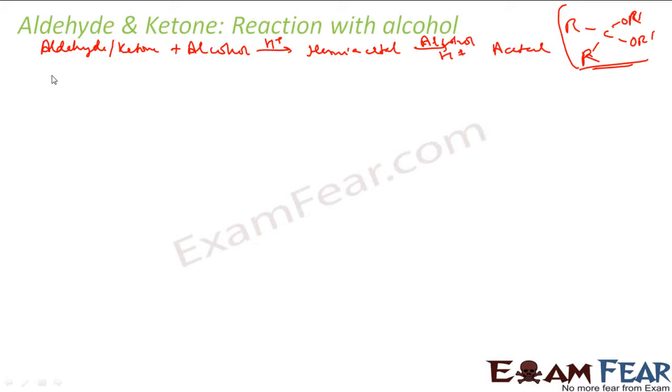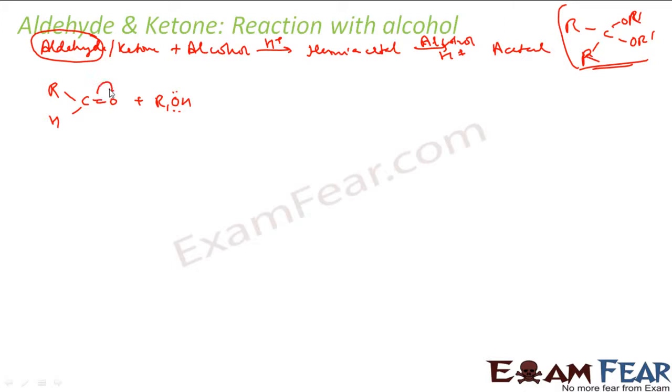See the reaction mechanism. Generally it is for aldehyde, but ketone also takes part in this reaction, because aldehyde is more reactive than ketone, but both of these take part in this reaction. So I have R, C, O, H, let's suppose I have this. And I have my alcohol, let's suppose R1OH. Oxygen will have this lone pair of electrons.